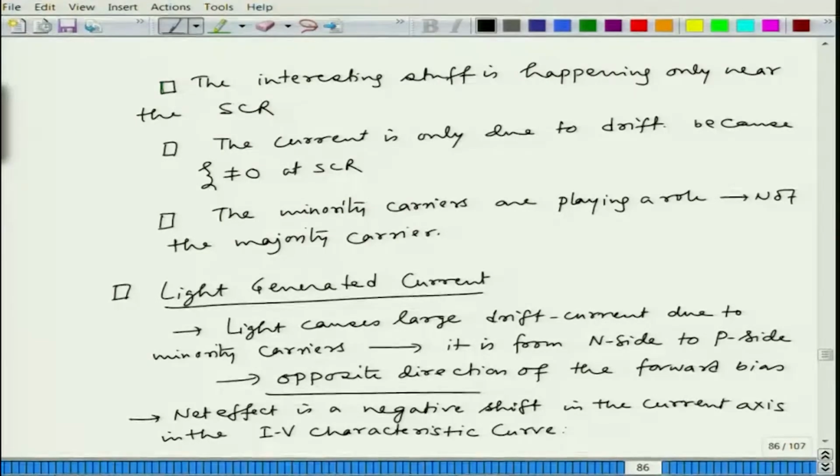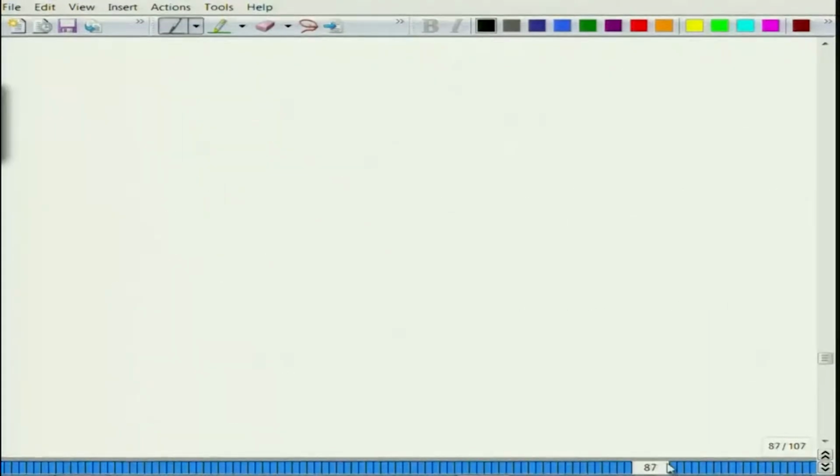Okay. So, for any value of bias, any value of V, you will have that offset, a constant shift in the negative direction of current. That is the physical reason why we are getting it. So, earlier what did we have? We had this particular VI characteristic curve, right.